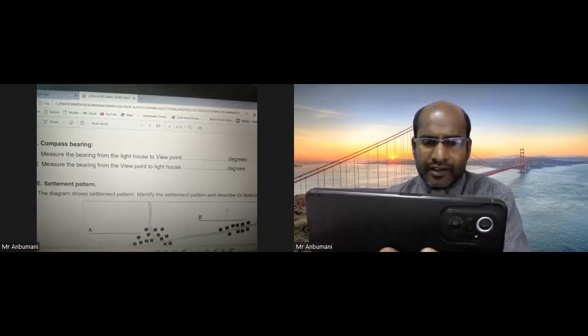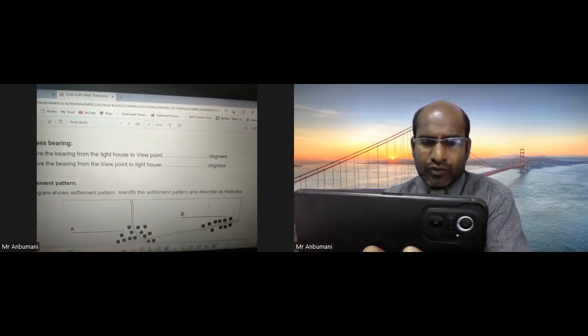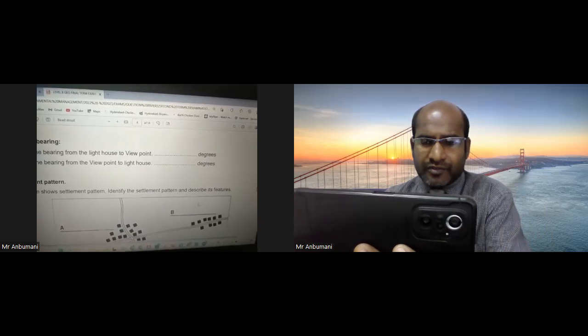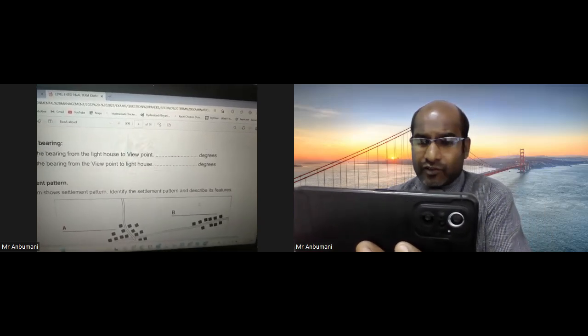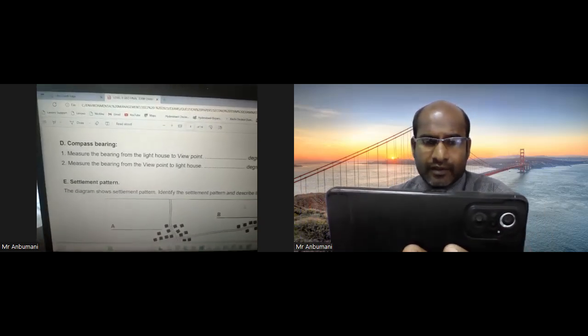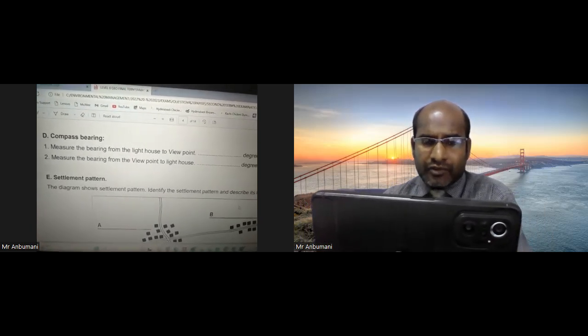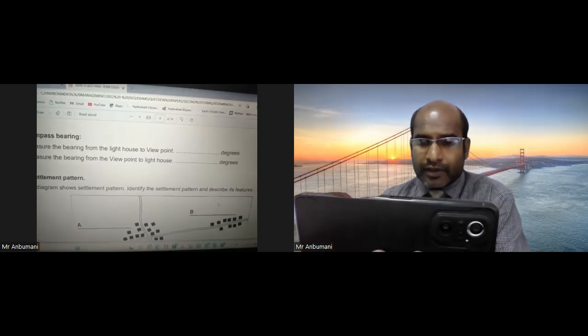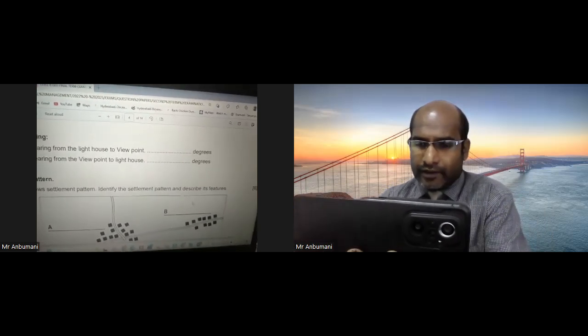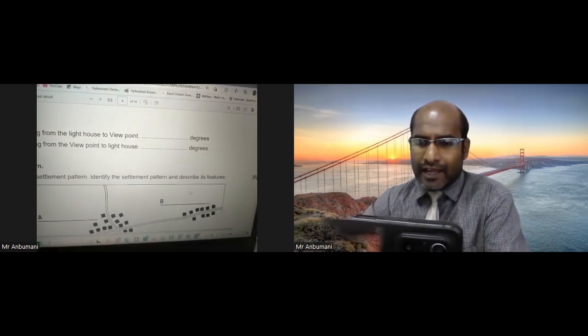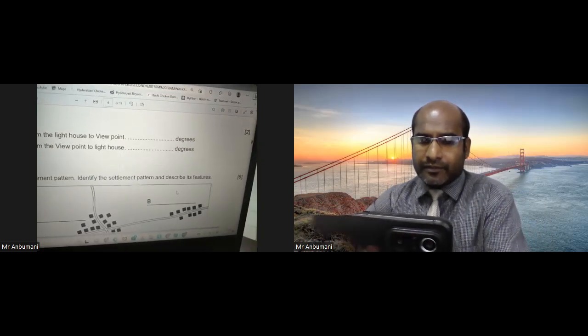Measure the bearing from the lighthouse to viewpoint. You must give the answer in degrees. Second one, measure the bearing from the viewpoint to lighthouse. And again, you must give your answer in degrees.